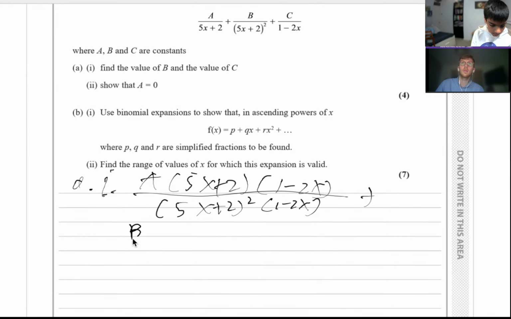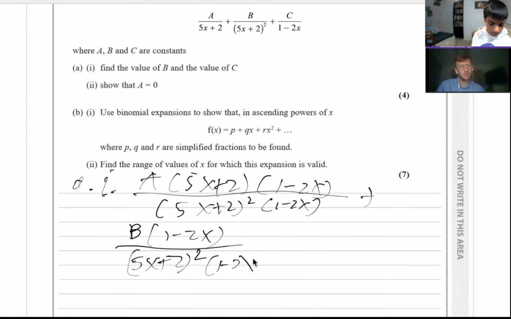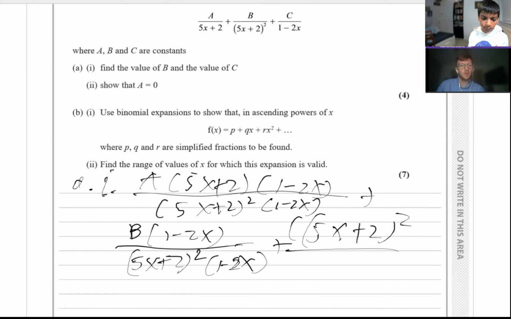Plus b times (1 minus 2x) divided by (5x plus 2) squared times (1 minus 2x), plus c times that, divided by (5x plus 2) squared times (1 minus 2x).